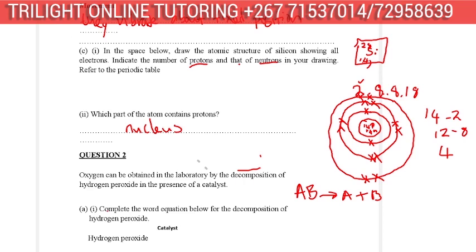So let me try to use a different pen. Now we are having hydrogen peroxide, that's H2O2. What is going to happen here is that we are going to have H2 and one oxygen bonding to this hydrogen, so it's going to be H2O, plus we have taken one oxygen and then we have oxygen here.